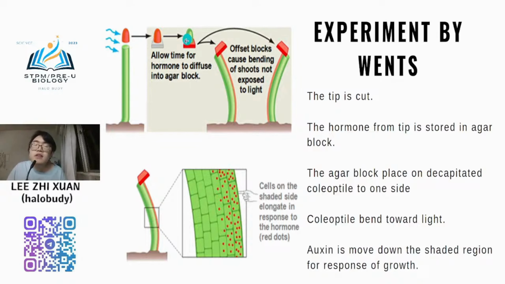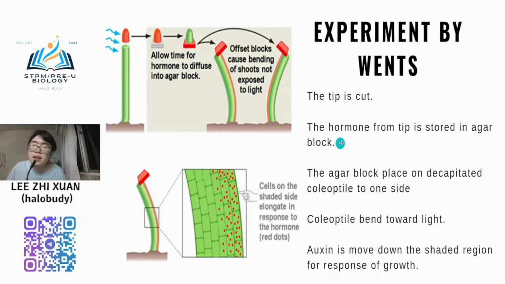So they transfer it back to the plant without the original tips, but using the agar block containing the auxin. After they transfer it back, they found that the auxin block causes bending of the shoot not exposed to light.